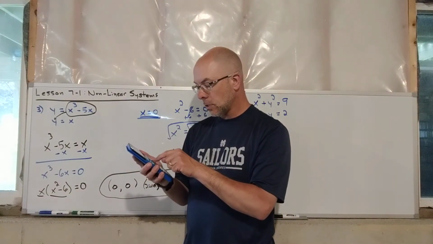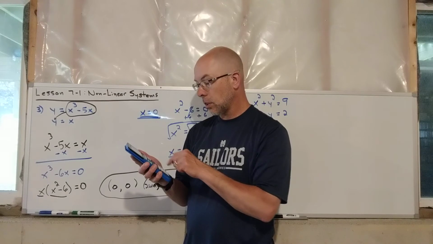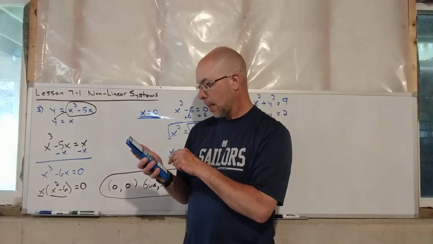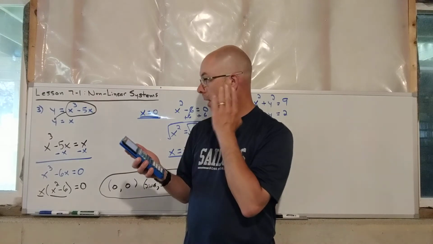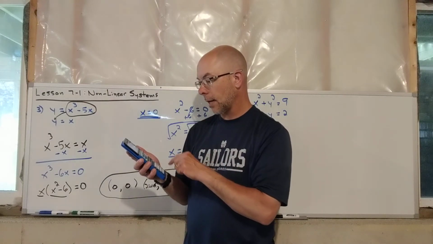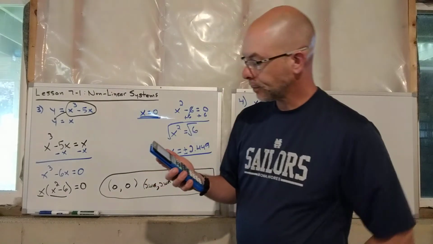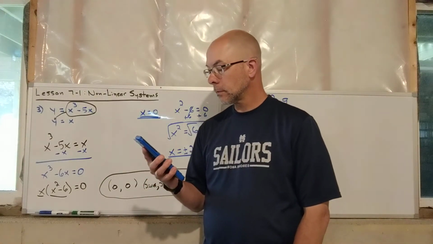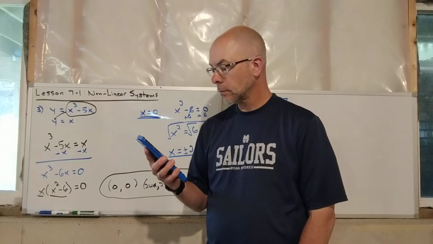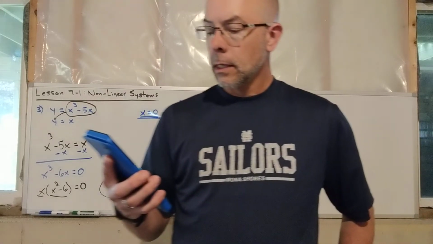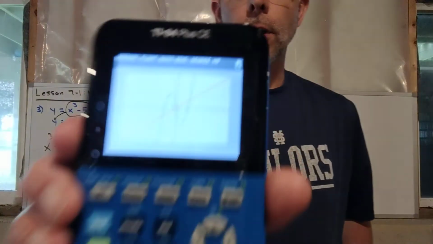This is x to the third minus 5x in line 1. And then the other one, we're just going to do y equals x. Now, we're going to hit graph. And we get this picture.